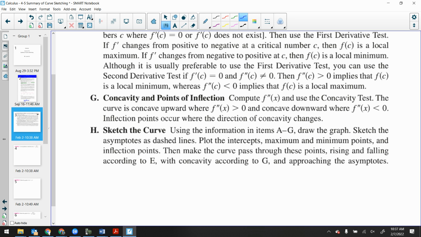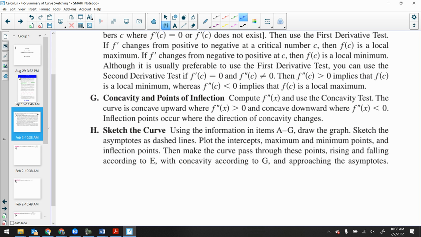Remember the critical points of the second derivative. That's where you might have inflection points. You find the zeros of f double prime, or where it does not exist. Compute f double prime and use a concavity test. The curve is concave upward where f double prime is greater than 0, concave downward where f double prime is less than 0.